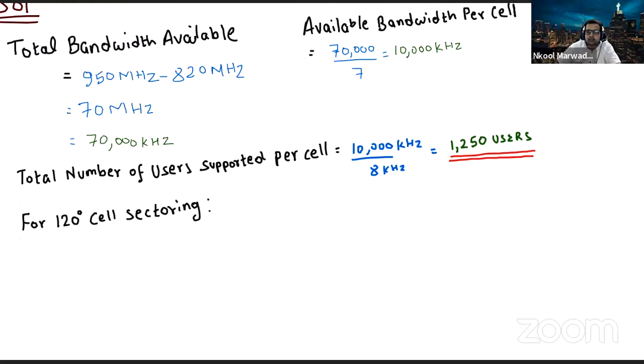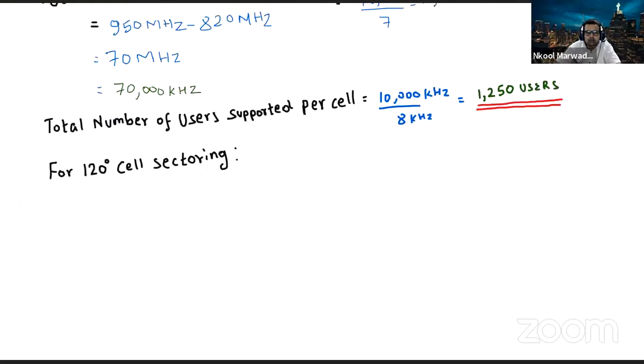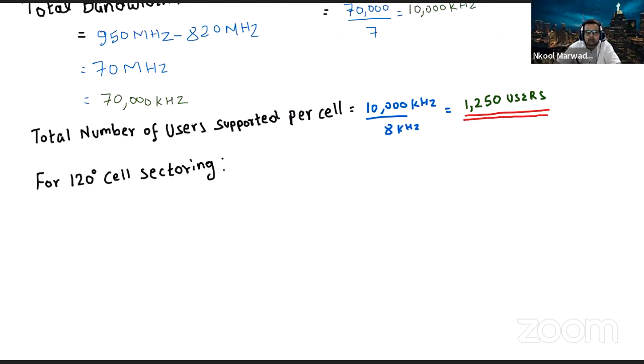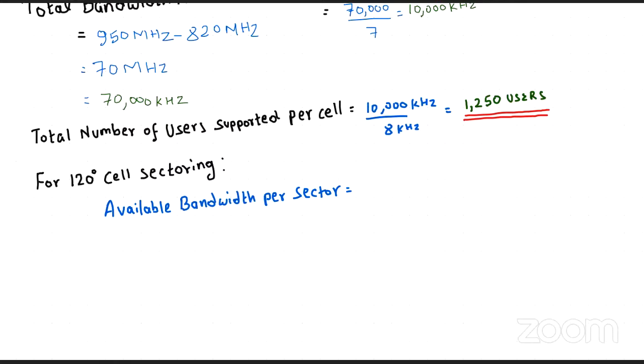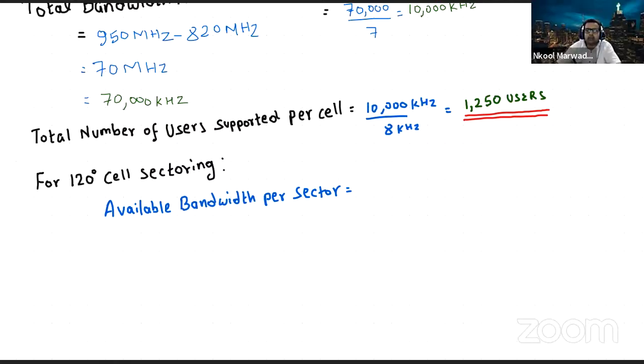Available bandwidth per sector will be equal to the available bandwidth per cell divided by 3, and the available bandwidth per cell we saw is 10,000 kilohertz.